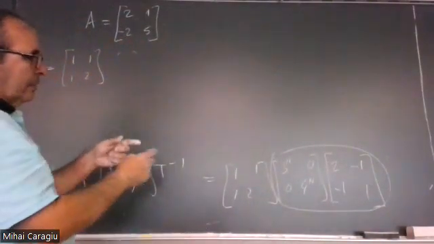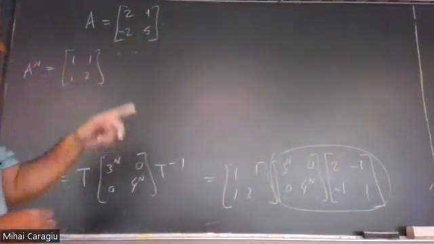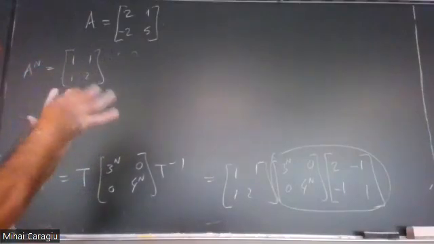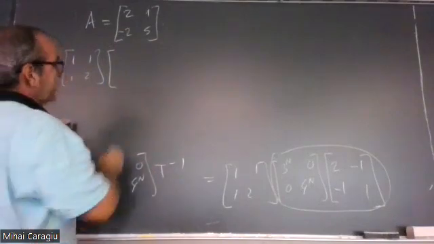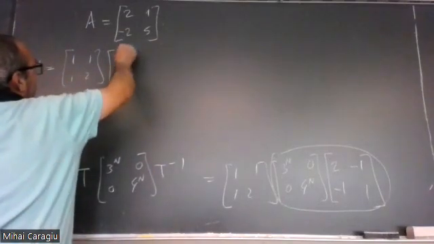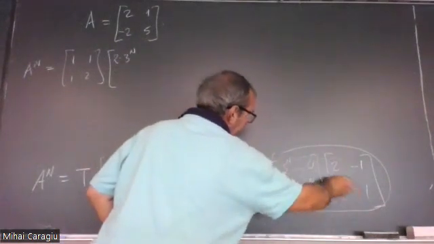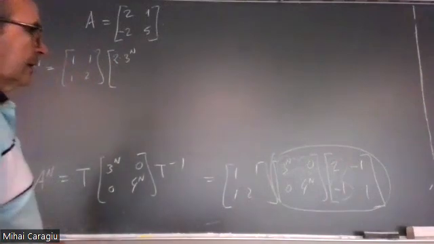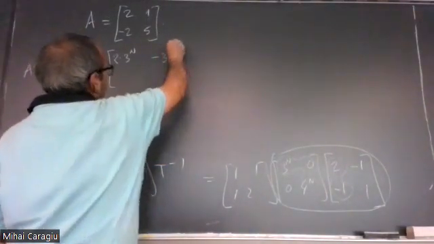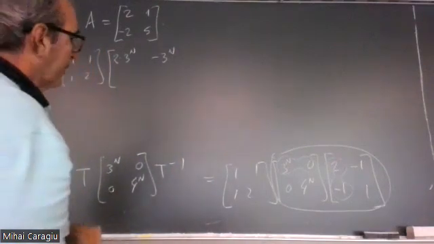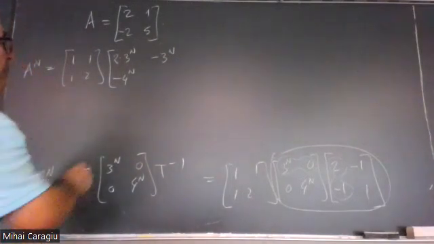Beware not to switch the first and the second. We can multiply the second and the third, but keeping them in the same order. So second and third: 2 times 3 to the power n, then minus 3 to the power n, then minus 4 to the power n, and 4 to the power n.